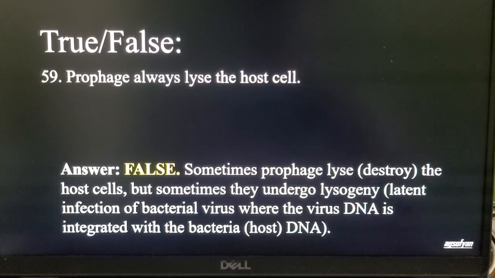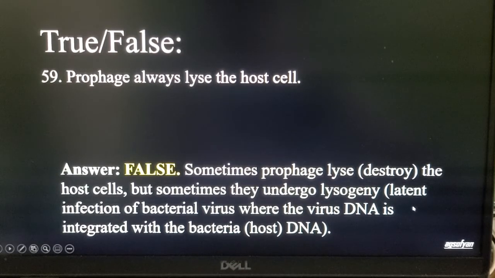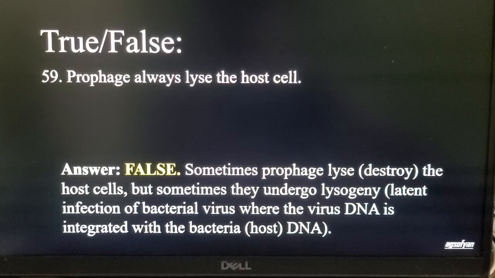Sometimes they undergo another stage called lysogeny. Lysogeny is like a persistent infection, but for bacterial viruses. So they do not always destroy the bacteria. Sometimes they stay in the bacterial cell for a long time, and this persistent infection in bacterial viruses is called lysogeny.